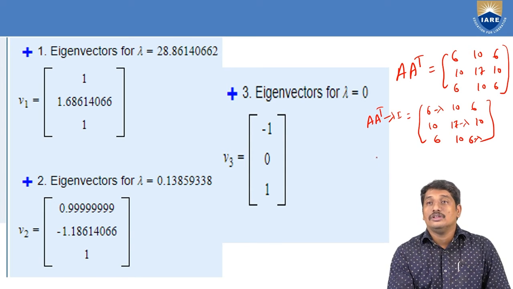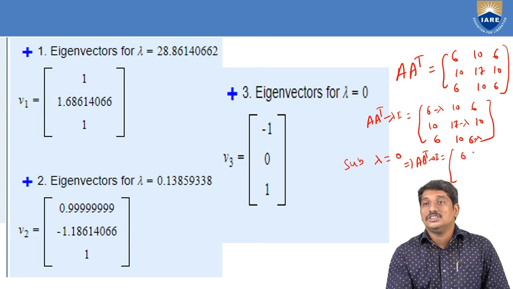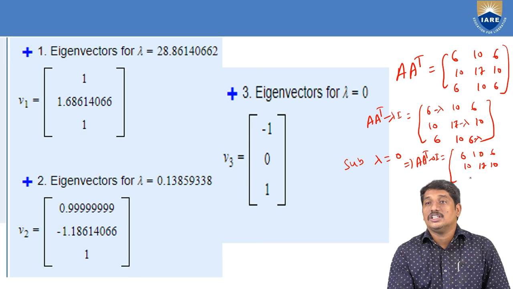Now, let us substitute lambda is equal to 0. Then we get A into A transpose minus 0I, which is 6, 10, 6, 10, 17, 10, 6, 10, 6.